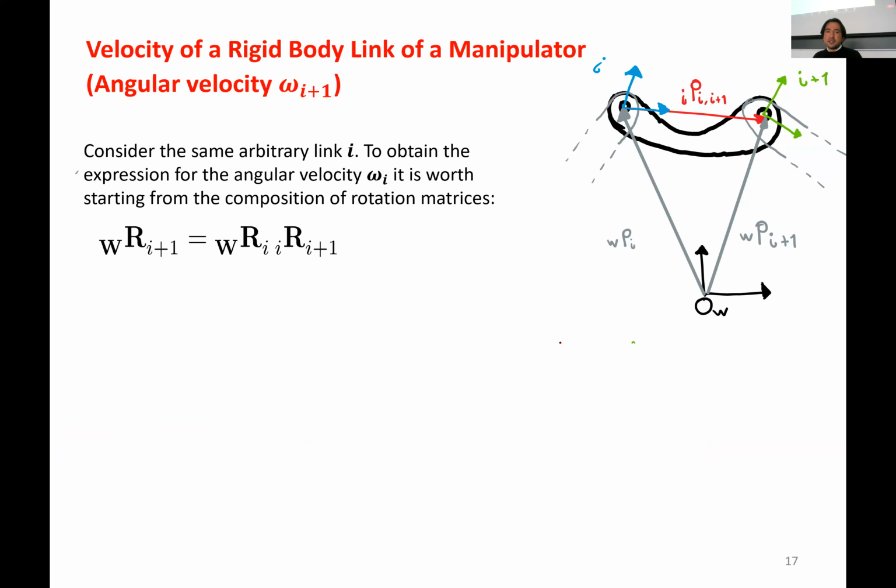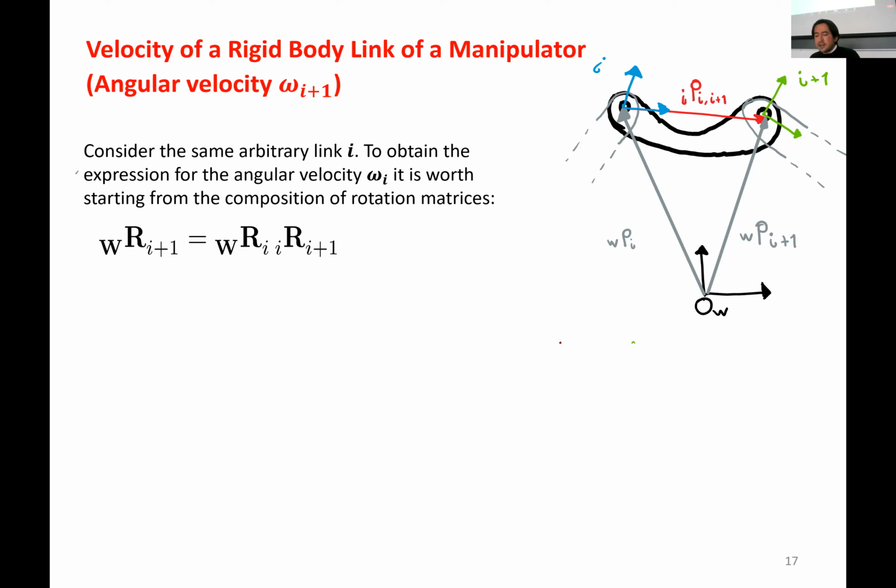Now let's go to the angular velocity, and for the angular velocity, let's keep the same line. It's good to start the analysis from the expression of the composition of rotation matrices.